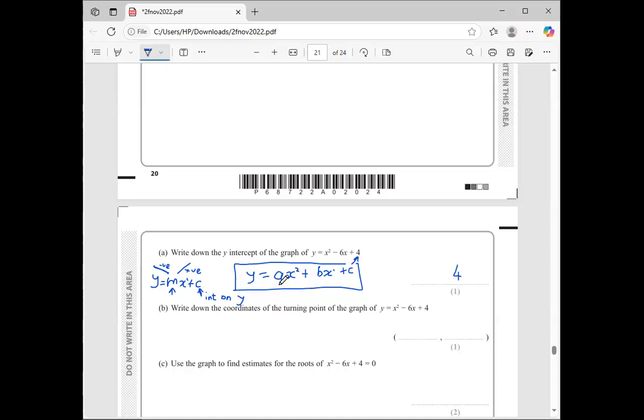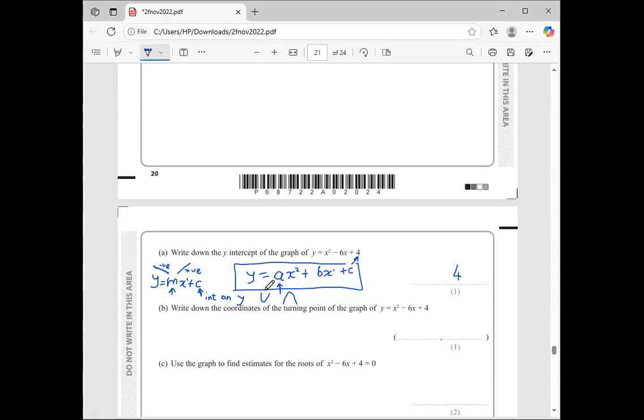So what are the things we can pick from here? Number one, the coefficient of x squared will tell us whether the graph will tilt this way. You know, quadratic graphs are usually curves, or the graph will tilt like this. That's what we were discussing yesterday. If it's positive, it will open up towards the positive y-axis. Take note.